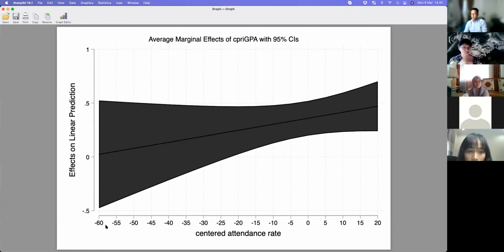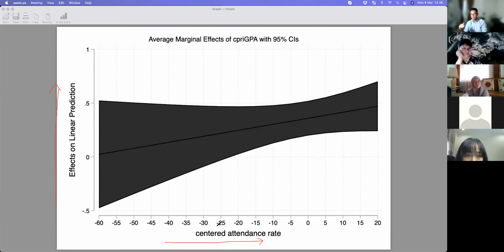So here we're going to see the marginal effects of prior GPA. And so that's going to be on the vertical axis. And this is going to be the centered attendance rate. What does it show? It shows that the effects of prior GPA on standardized final test score actually differed by attendance rate.